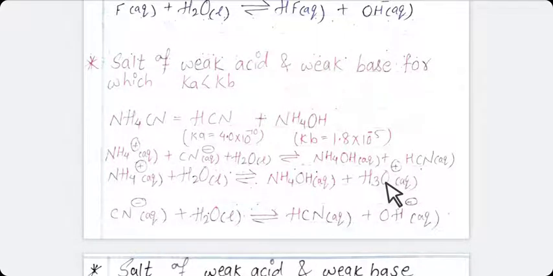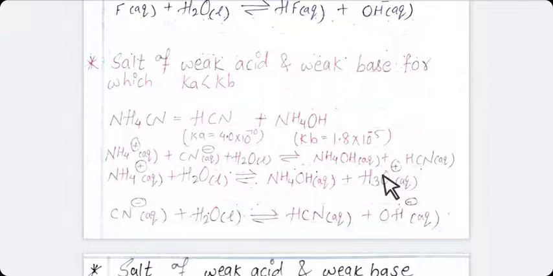Why are we getting more OH- ion than hydronium ion in these two reactions? Because cyanide ion hydrolyzed to a greater extent, that's why we receive more OH- ion, and ammonium ion hydrolyzed to a lower extent, that's why we get less hydronium ion.